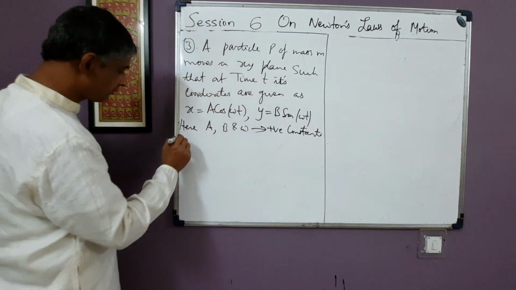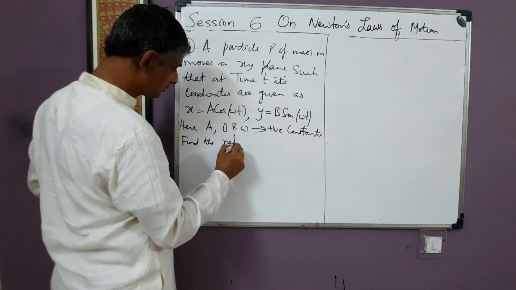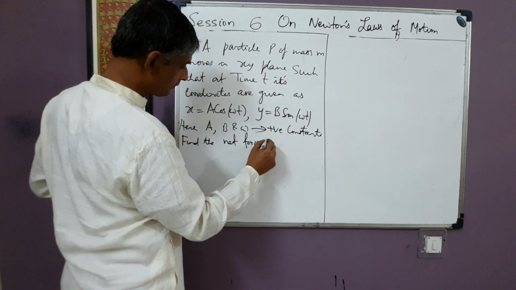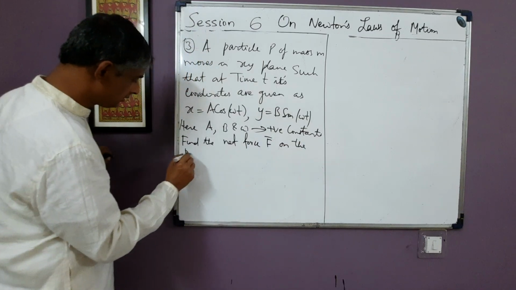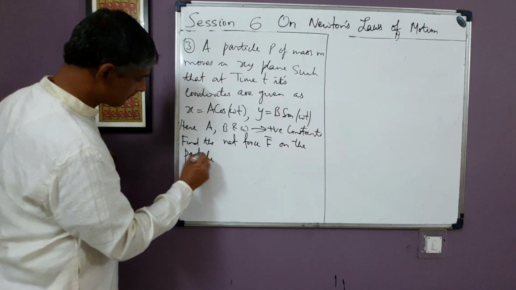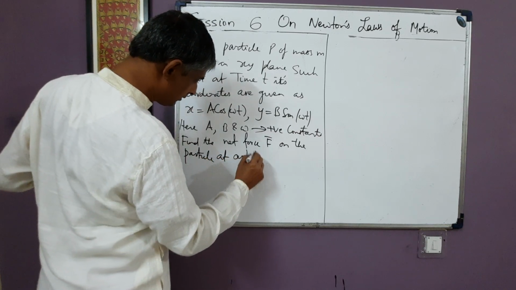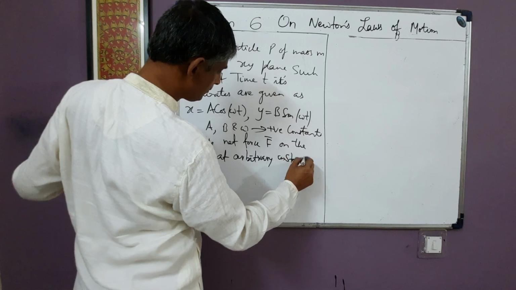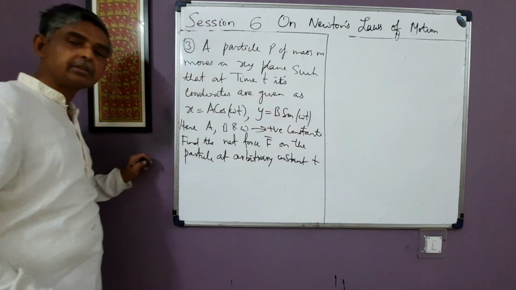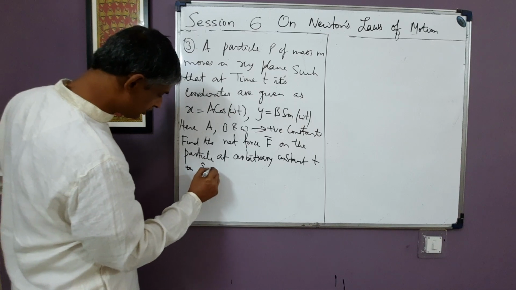The question is, find the net force F on the particle at an arbitrary instant t in i hat and j hat notation.